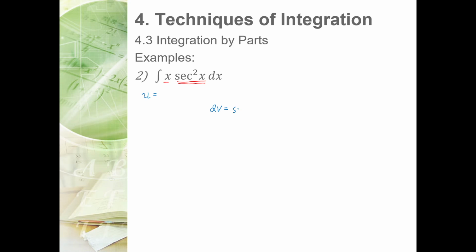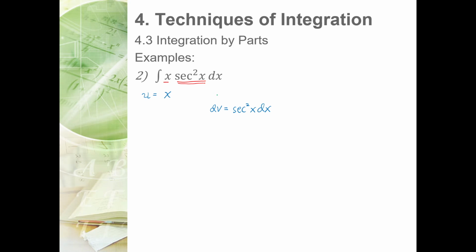So this one is secant squared x dx, and then this one will be our x. If you want to explore that your dv is x dx, it can still be integrated. But if you place your u as secant squared x, I think you'll have a hard time deriving secant squared x. I think it's harder, so just try to explore this one later.